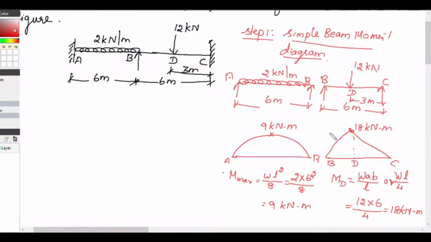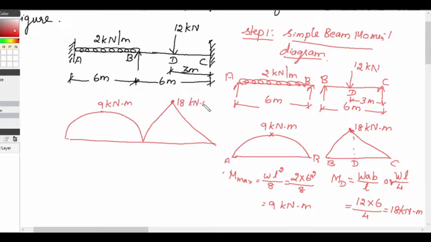Now we will draw the simple beam moment diagram. So our simple beam moment diagram is, this is a parabola and this is a triangle. Here it is 9 kilonewton meter and this magnitude is 18 kilonewton meter.